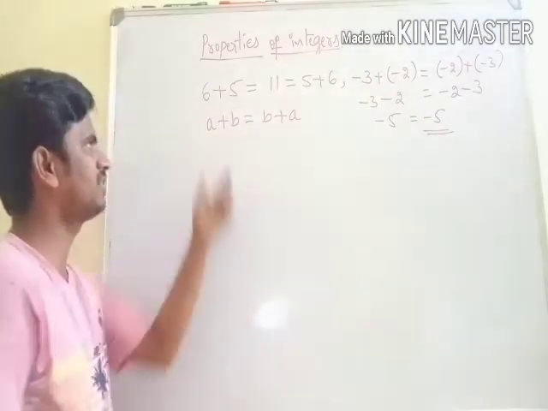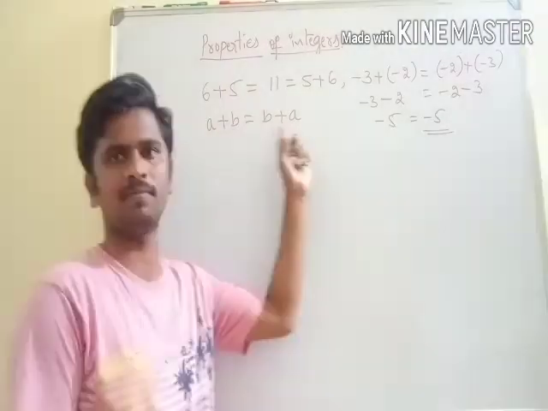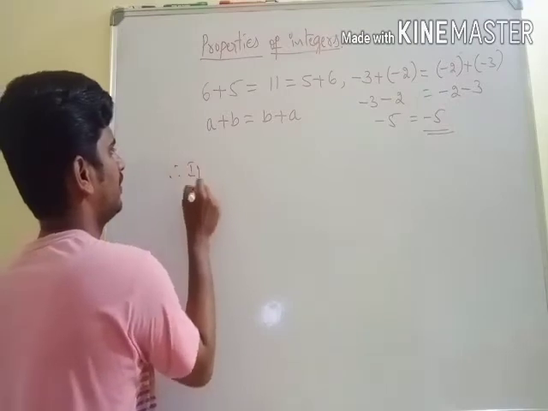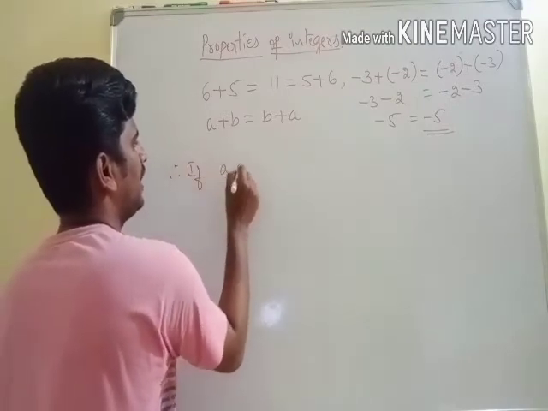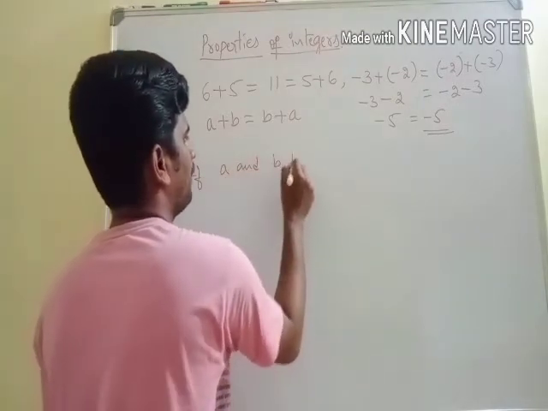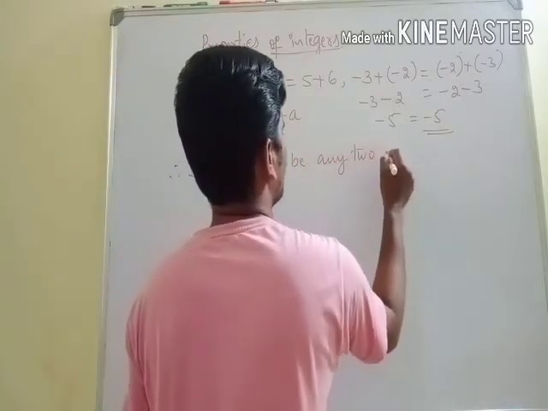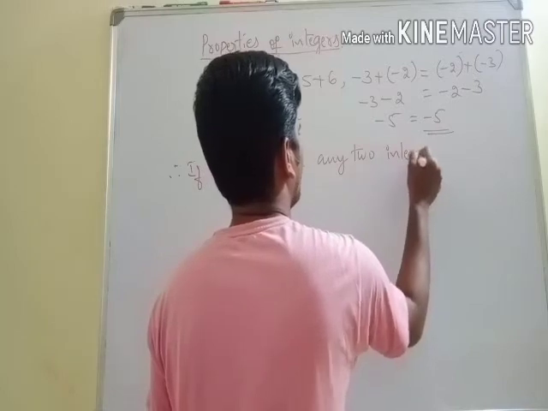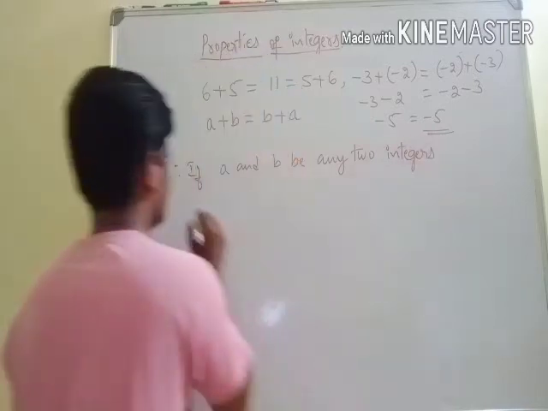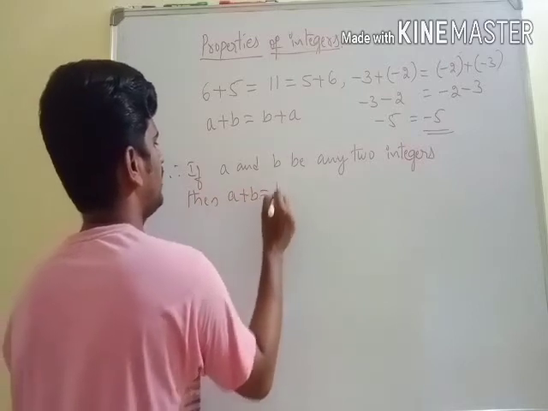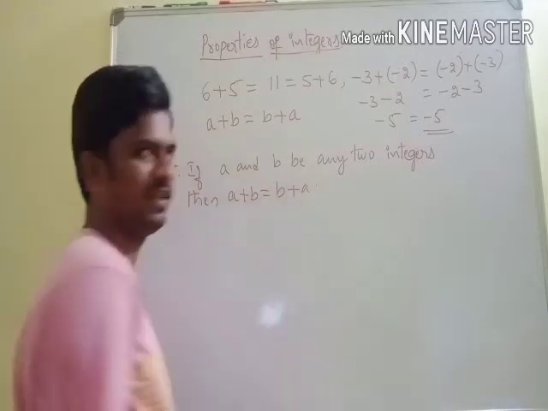So in general we can say that a plus b can be written as b plus a. So if a and b are any two integers, then a plus b is equal to b plus a.